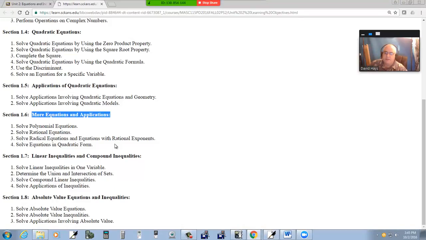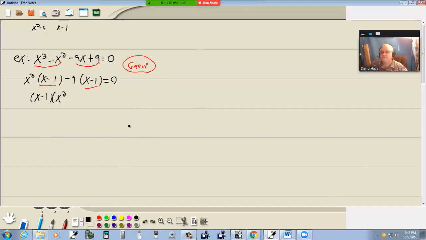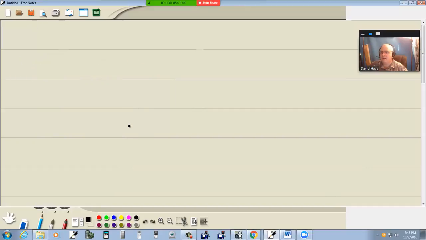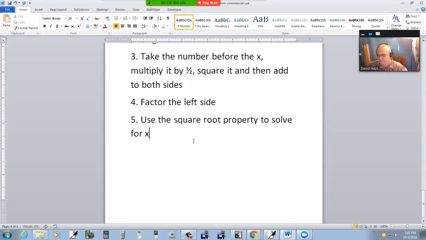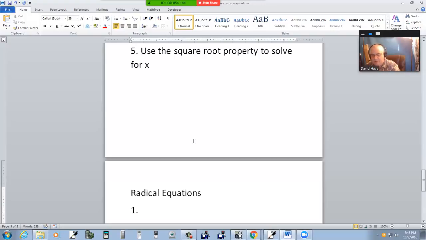Now that's polynomial equations. We already looked at rational equations up above, so let's take a look at radical equations. Let me clear this off. Okay, radical equations. Our first step says to get a radical by itself on one side, but do not create a fraction.